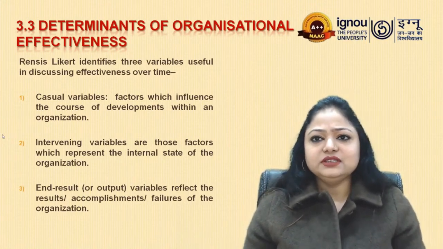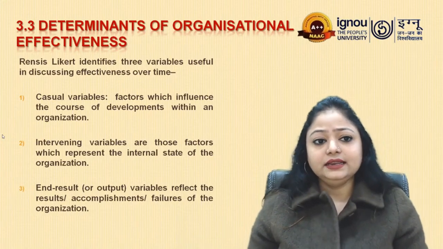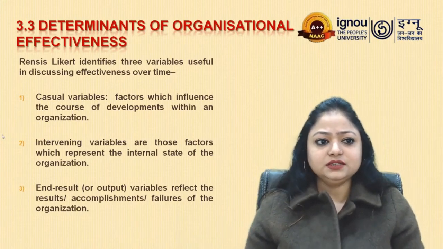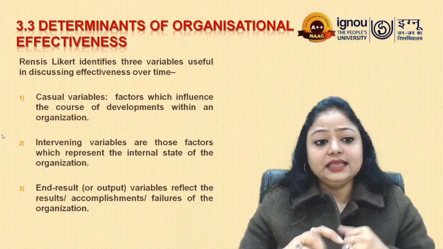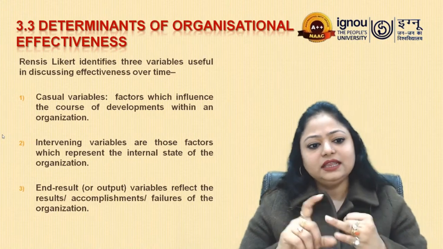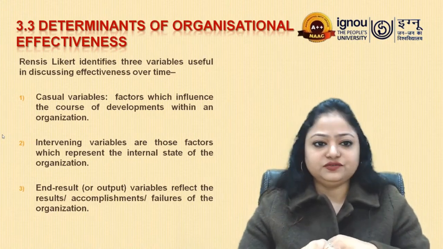His name is Rensis Likert, and he identified three variables useful for discussing effectiveness over time. So, causal variables first, and then intervening variables, and then end result variables or output variables.